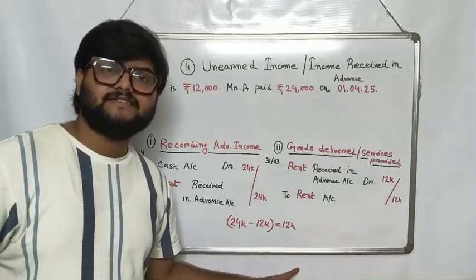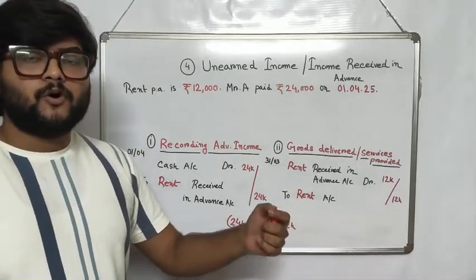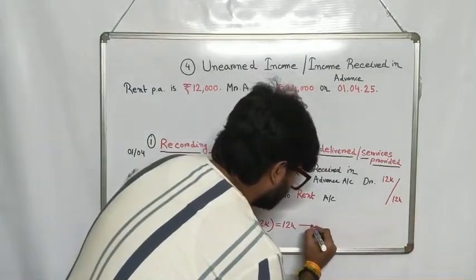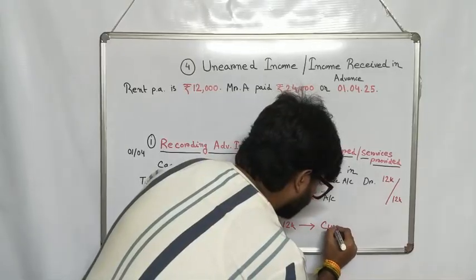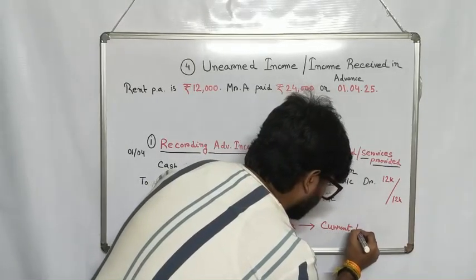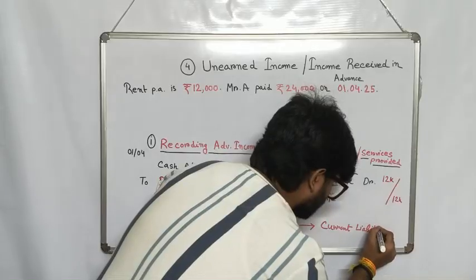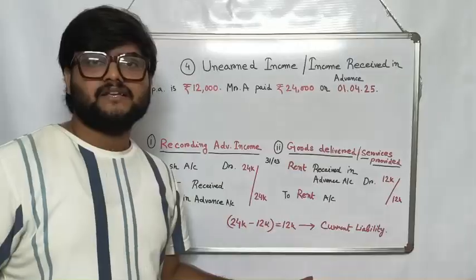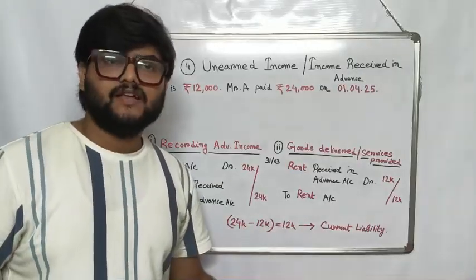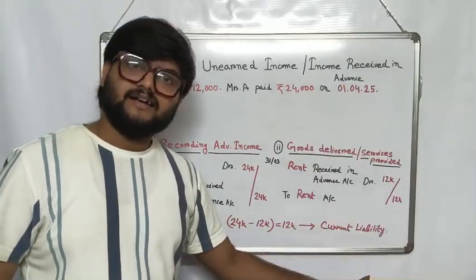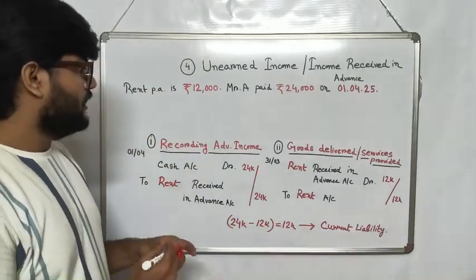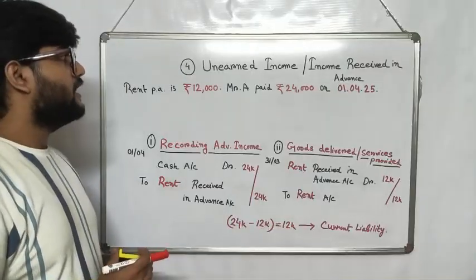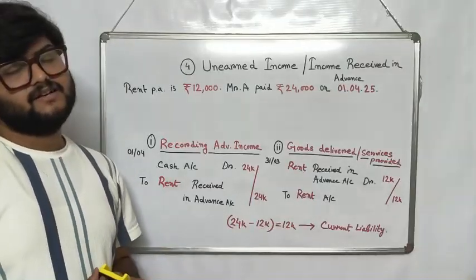Since I have received this income and yet to provide the benefit of it, this 12,000 then goes to my current liability. Okay, since this becomes an obligation that I am yet to fulfill, this goes to the current liability. Okay, so that is a real life example of unearned income or income received in advance.